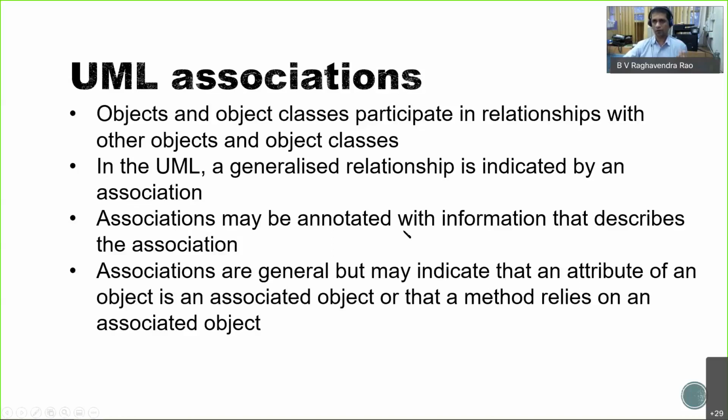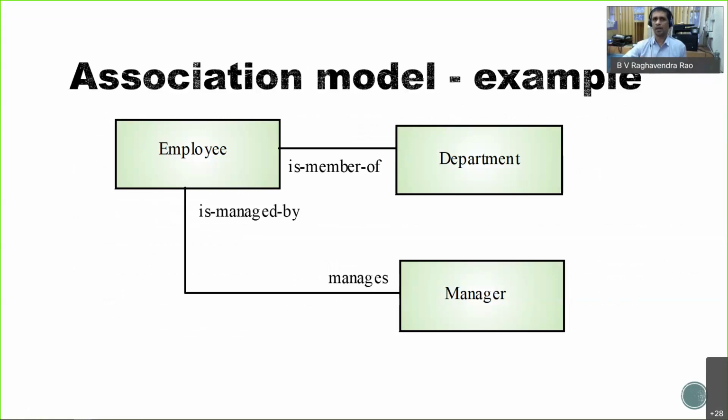Of course, there are different types of associations. We'll see in the next slide with an example. Usually these are generic or general, and may indicate the attribute of an object as an associated object, or that a method relies on an associated object. For example, this is an association model.